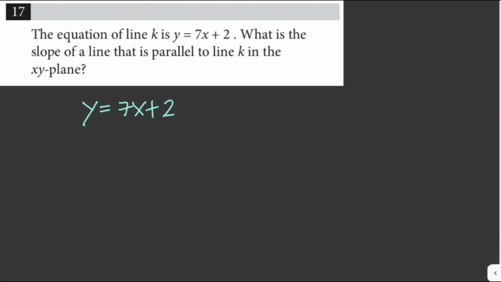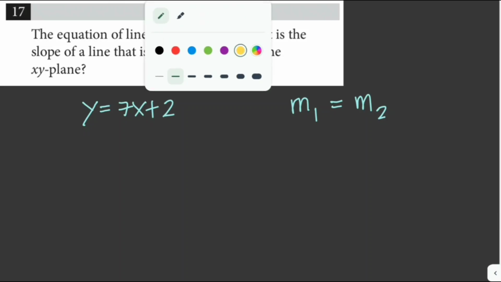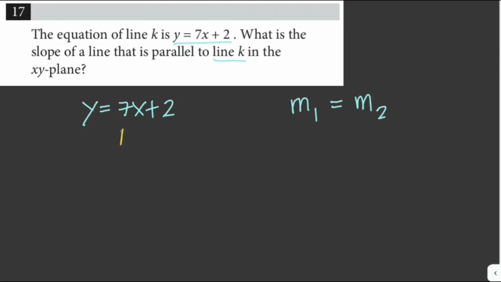When two lines are parallel, their slopes are equal. So the slope of line k is equal to the slope of the other line. We're given the equation of line k, and its slope is equal to 7. Therefore, the slope of the other line is equal to 7.